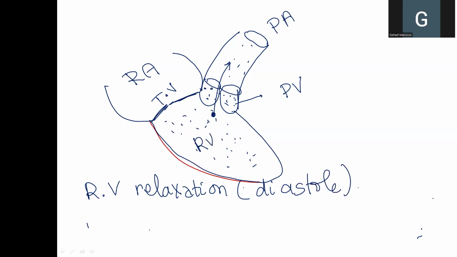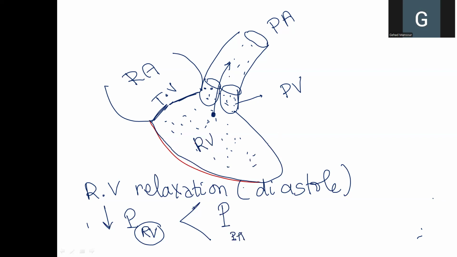When right ventricular relaxation starts, the pressure inside the right ventricle diminishes because it has already pumped most of its blood into the pulmonary artery. To what extent does the pressure diminish inside the right ventricle? To the extent that it becomes less than the pressure inside the pulmonary artery.